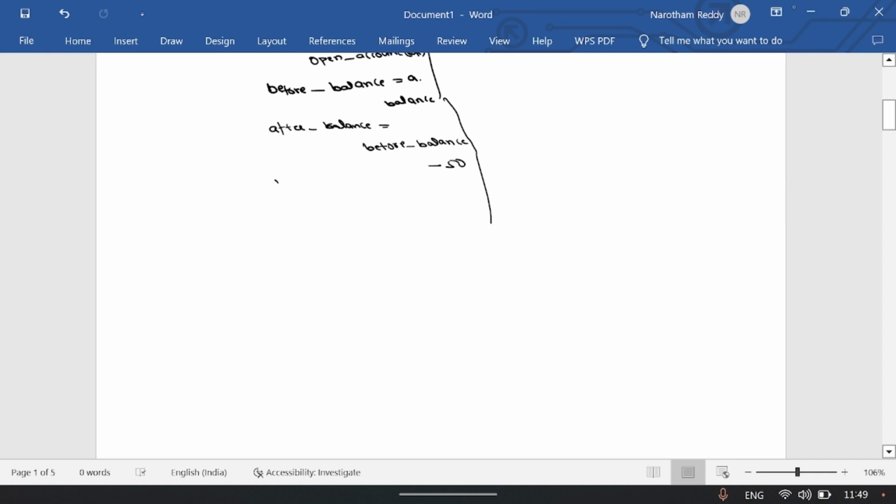Now A.balance equals after balance, and he has to close his account.